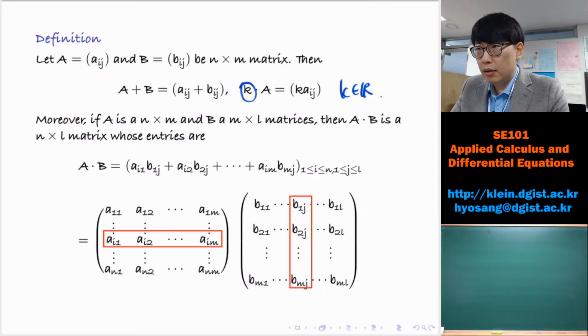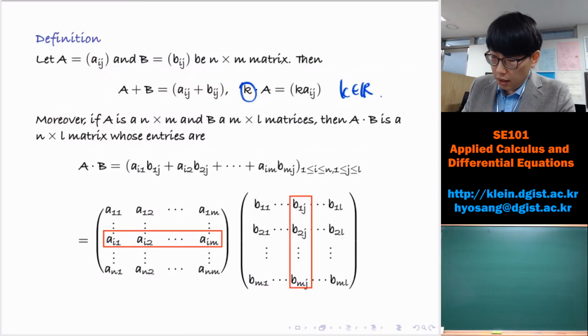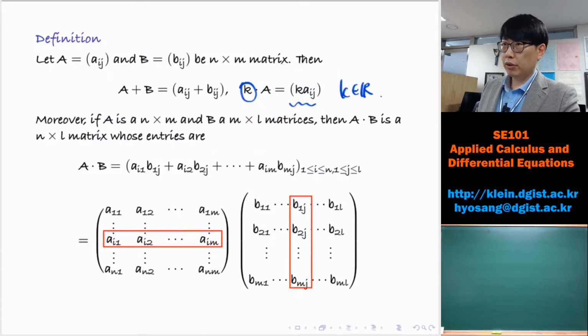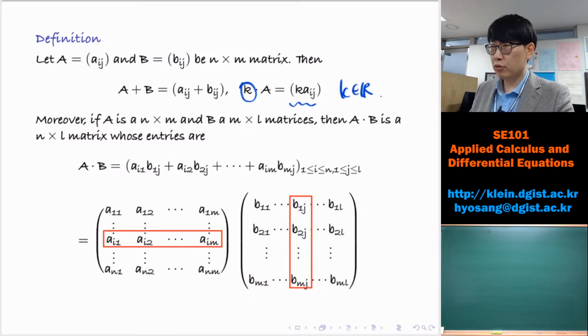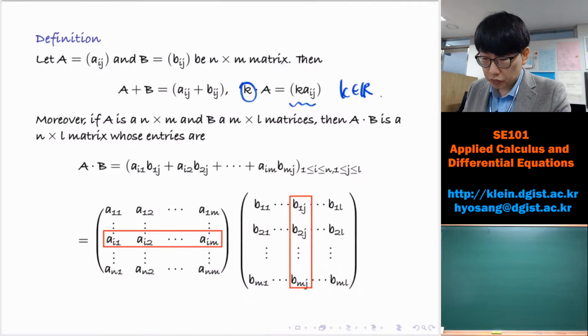When you multiply a constant to a matrix, k times A is a new matrix whose elements are obtained from the original matrix A by multiplying by k everywhere. Not just one column or one row, you have to multiply the constant k to every entry of the matrix.